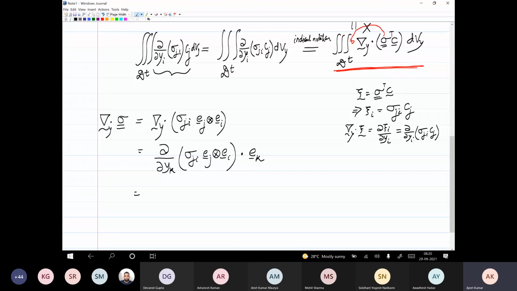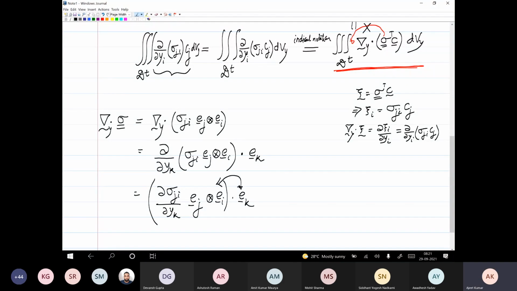Now take the derivative with respect to yk. So what we have is del sigma ji over del yk ej tensor product ei, and this is now dotted with ek. And the way this dot is done is these two have to be dotted. Right?